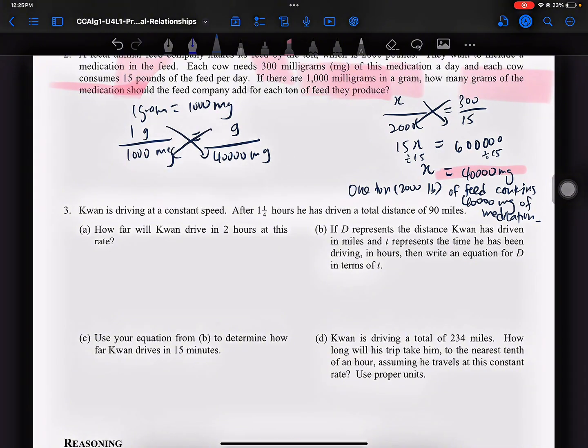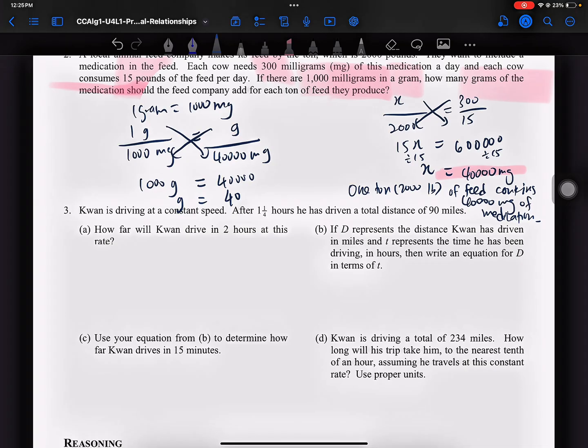So again, we will cross multiply. So we will have 1000 g equal 40,000. So g is 40.